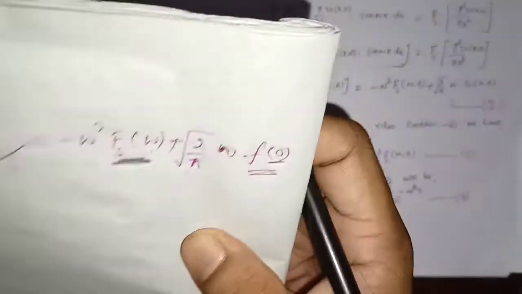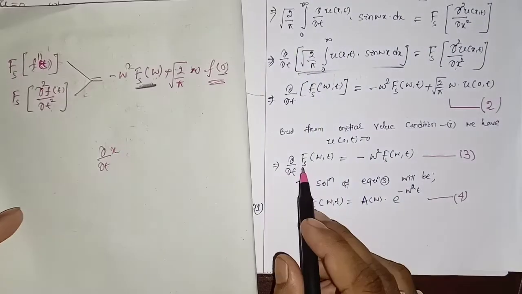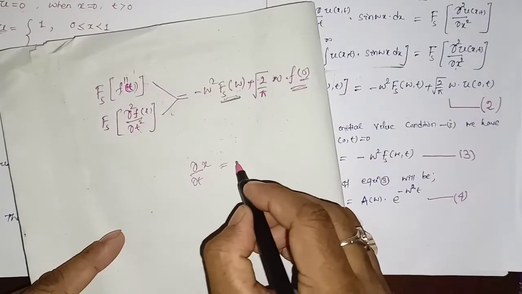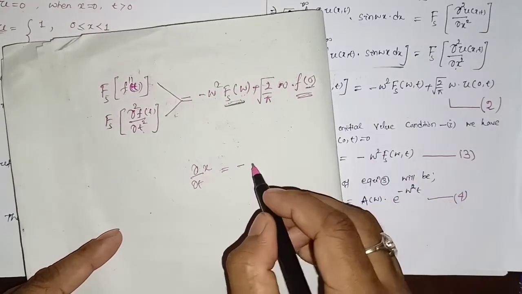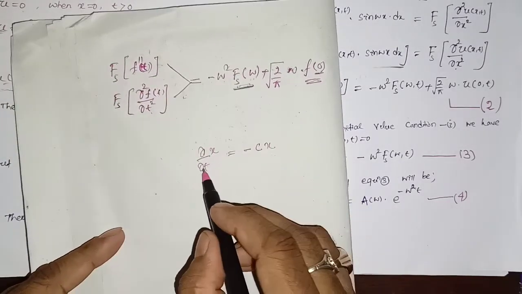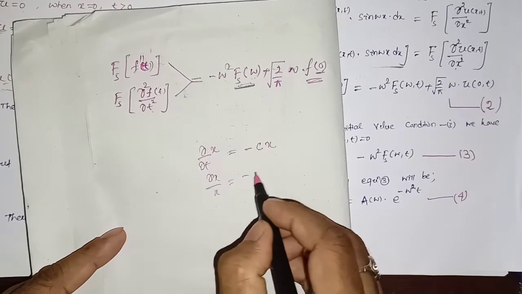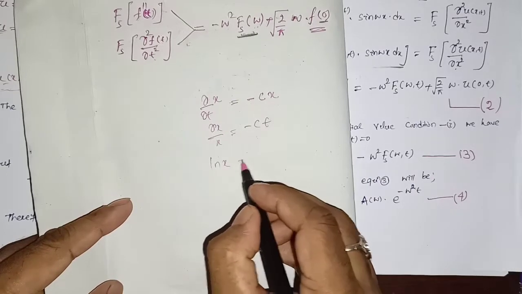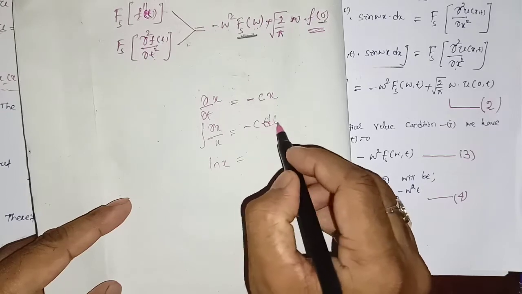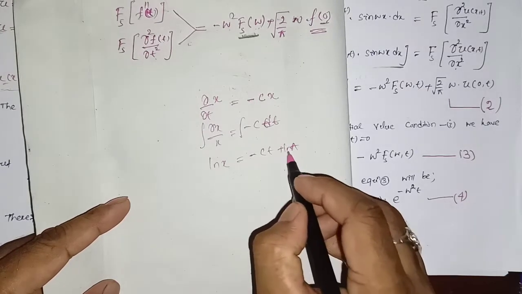See, we know how to solve this type of differential equation. Suppose we have del x by del t equal to minus some constant c times x. How are we going to solve it? You take x over here, del t over there. So del x by x equal to minus c dt. Integrating, ln x equal to minus c t plus some constant, ln a suppose.